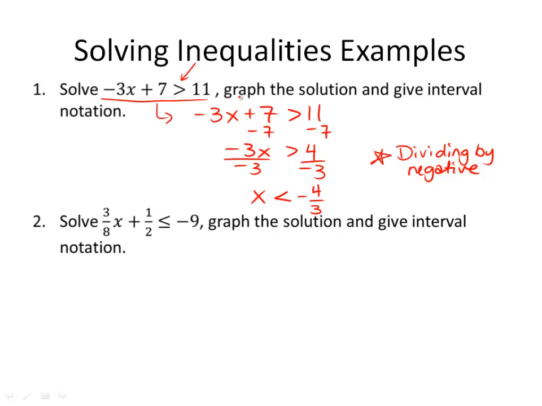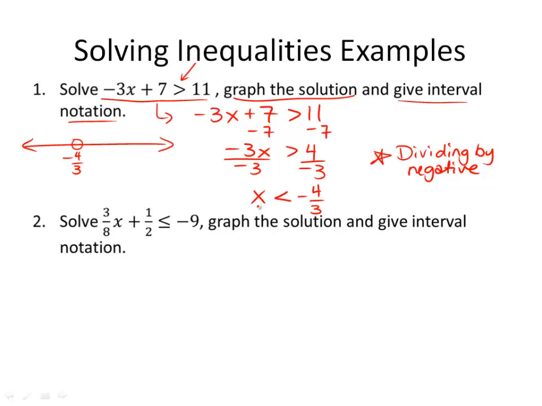So they want us to graph the solution and to give interval notation for the solution set. To graph the solution, you draw a number line, you plot your point, you decide is it open or closed. There is no equal sign in our inequality, therefore it is open. So it is not including negative 4/3. Open circle, negative 4/3.